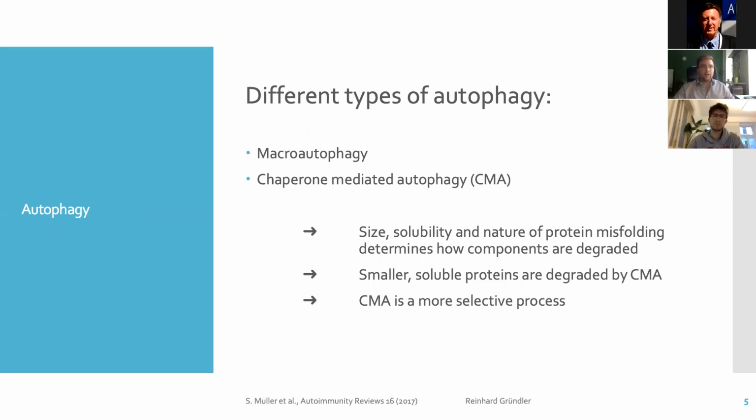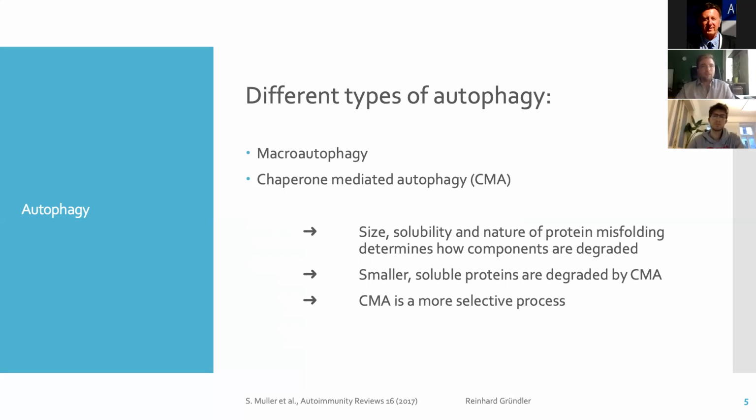There are different types of autophagy. There are more than these two types, but I will stick to those two because we don't have unlimited time, as you already wait to present your topics, and therefore I will only talk about macroautophagy and chaperone-mediated autophagy.